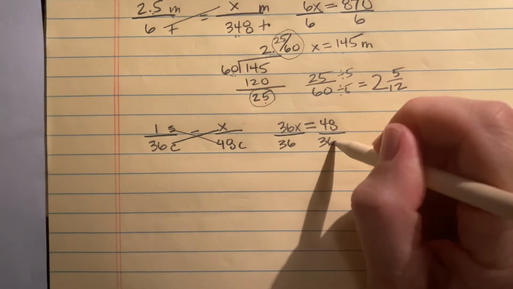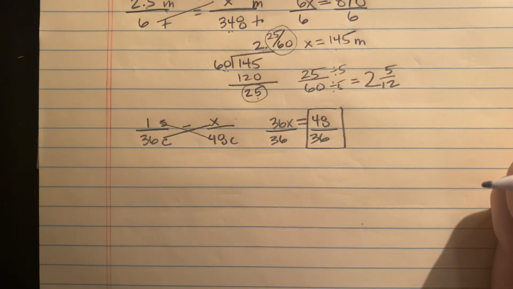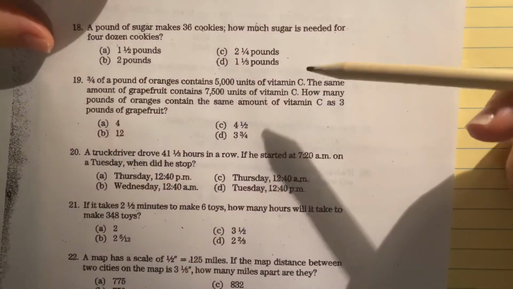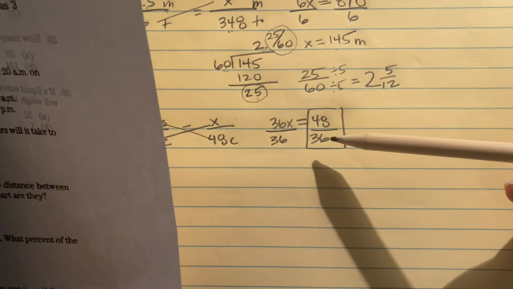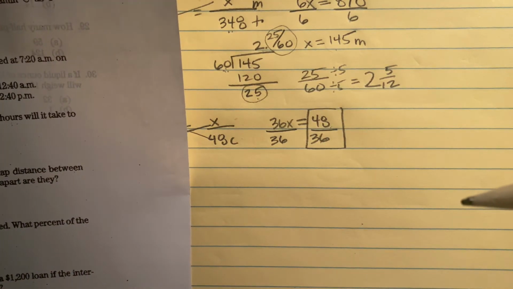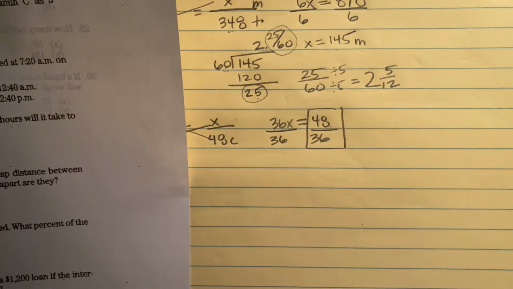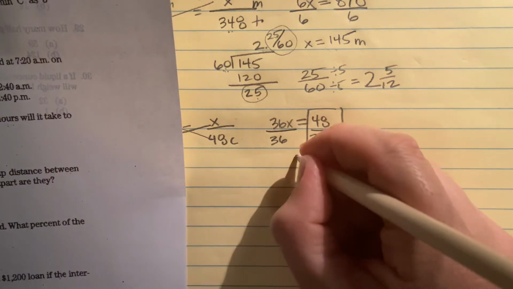So 48/36, that is right there an improper fraction. And if you look, all your answers are in mixed numbers. So all you have to do with this problem is simply translate this improper fraction into a mixed number. So 36 goes into 48 one time.